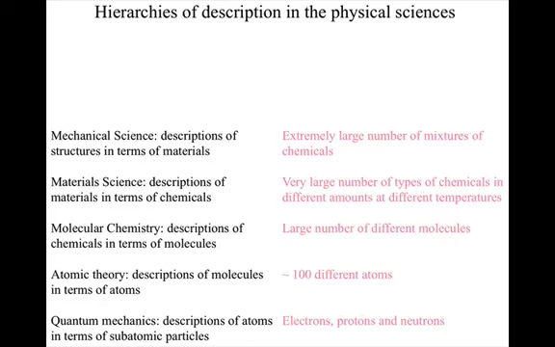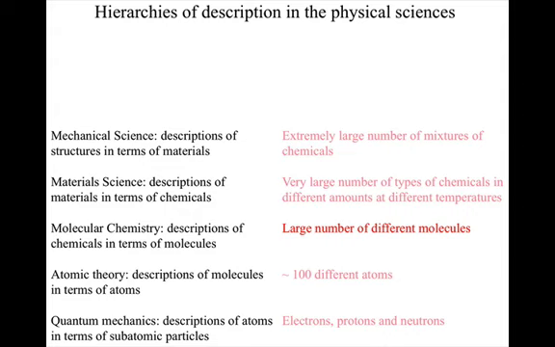One key difference between levels is that the number of what I'll call units of description used are different. In quantum mechanics, we're dealing with a relatively small number of different types of units: electrons, protons, neutrons, photons, and a few other additional elementary particles. At the next level, there are about 100 different types of atoms with different numbers of protons and electrons and so forth.